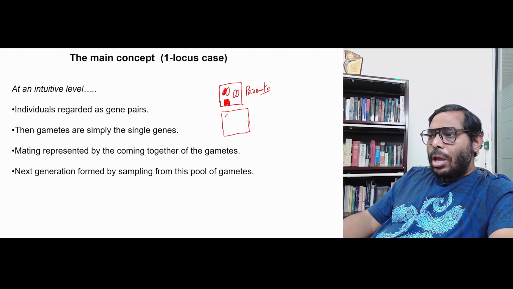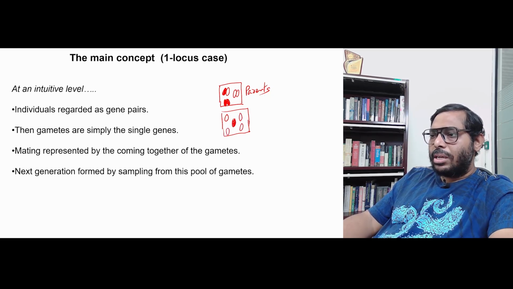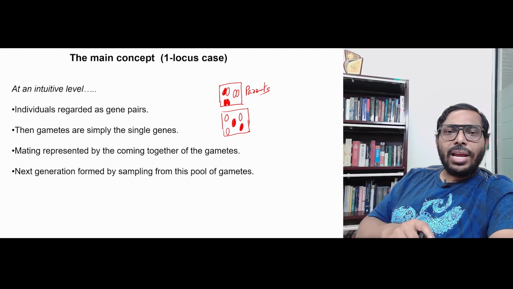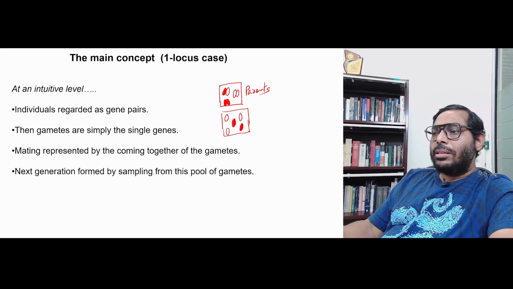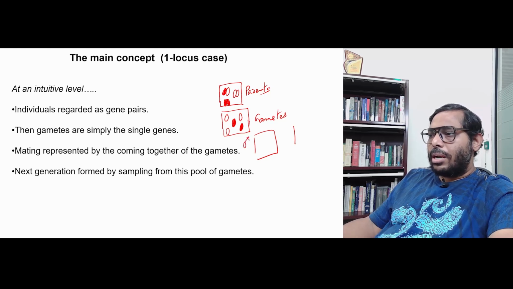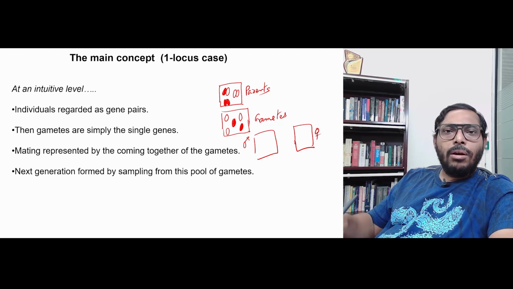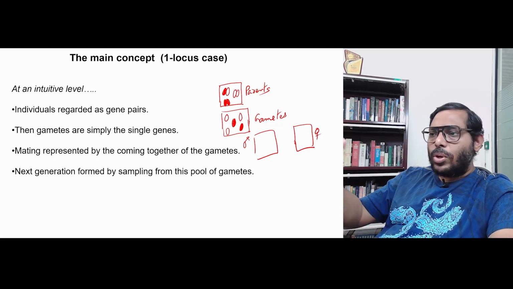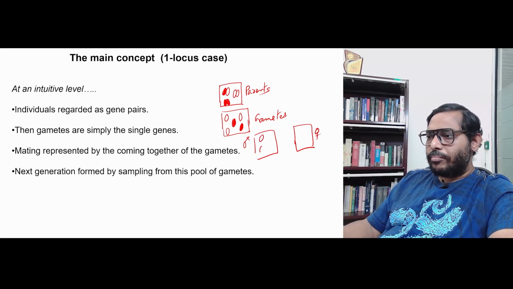So, according to Mendel's laws, the gametes are just these genes separating out from each other, and in this particular case some of them will be dark because we have 2 alleles, right. So, the gametes are simply these genes. Now, you have this happening for the males and this happening for the females, right. So, you have all the gametes produced by the males, you have all the gametes produced by the females. Okay.